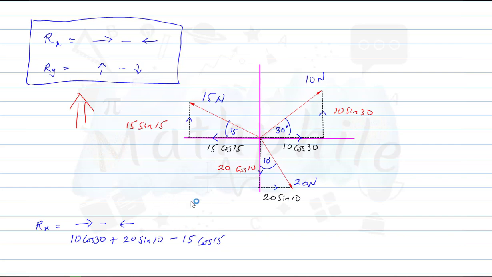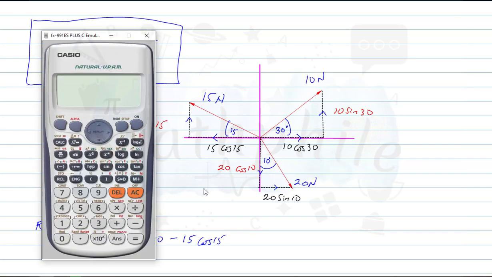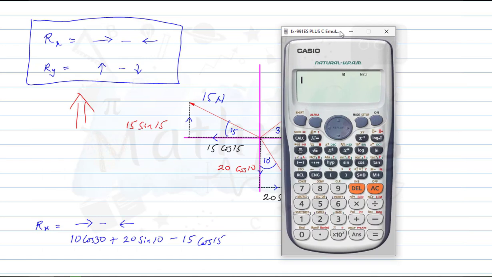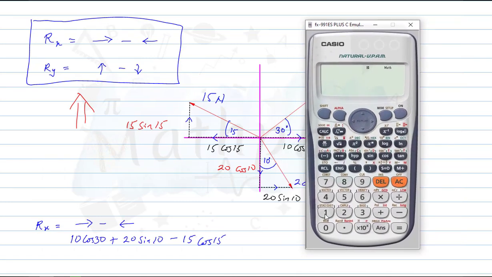All you need to do is get a calculator and input all this, and that gives you the resultant in x. This should be 10 cos 30, which is I think 5 root 3, plus 20 sine 10, minus 15 cosine of 15 degrees.